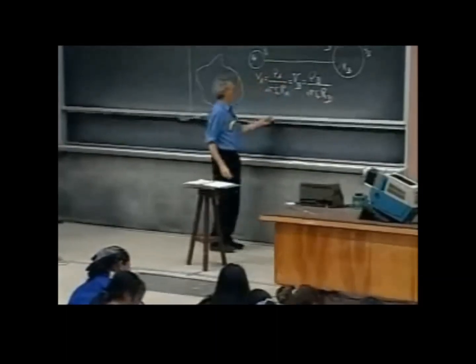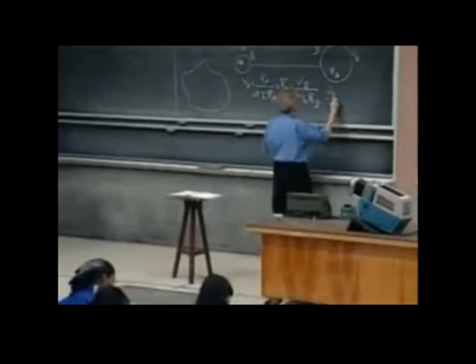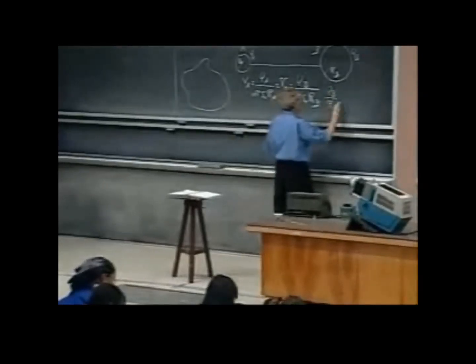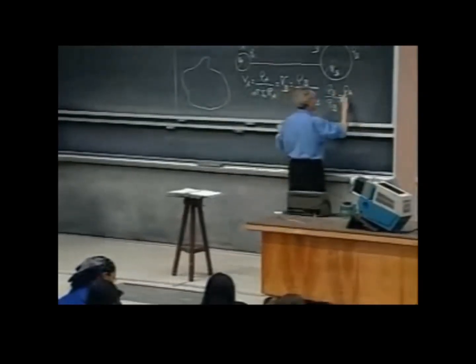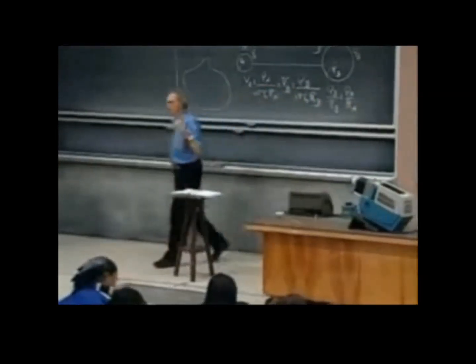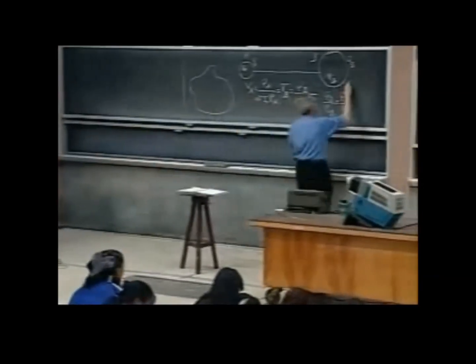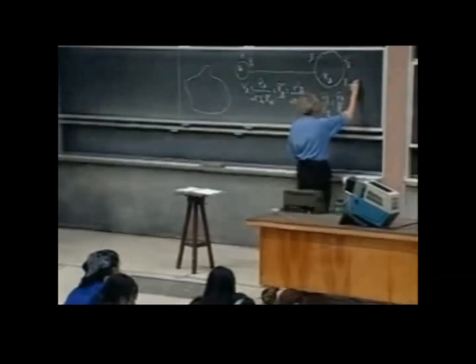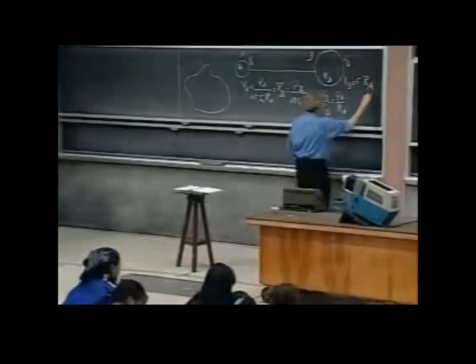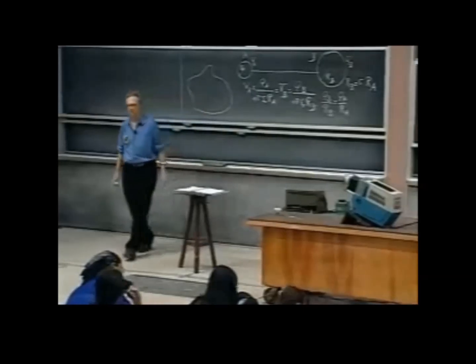And so you see immediately that the charge on B divided by the radius of B is the charge on A divided by the radius of A. And if the radius of B were, for instance, 5 times larger than the radius of A, there would be 5 times more charge on B than there would be on A.